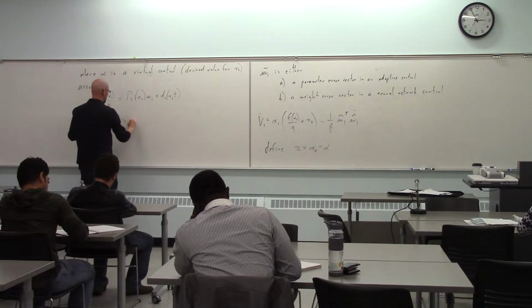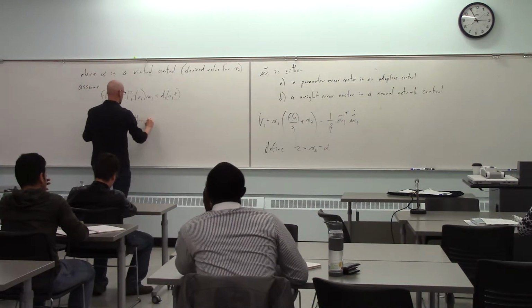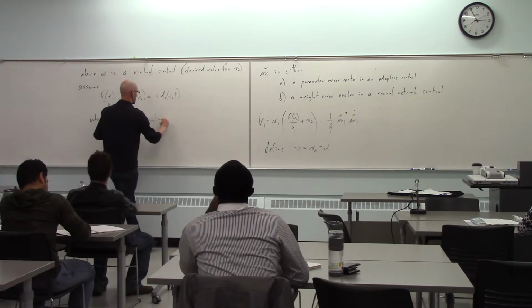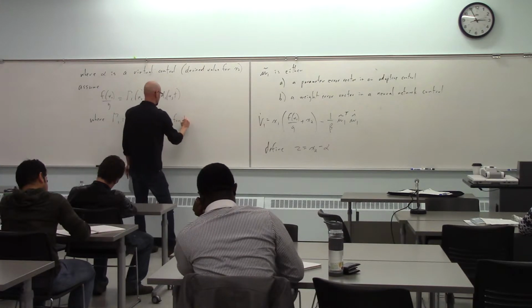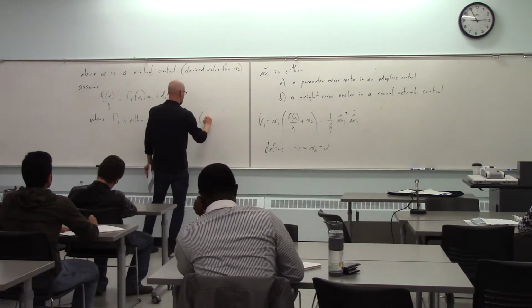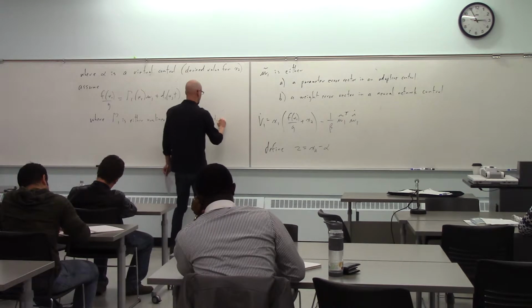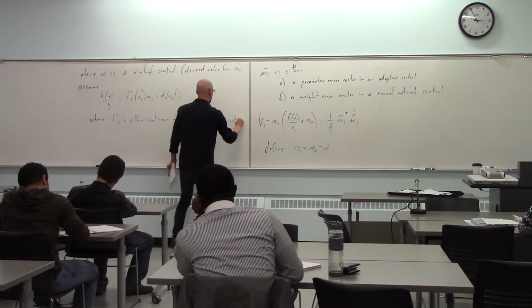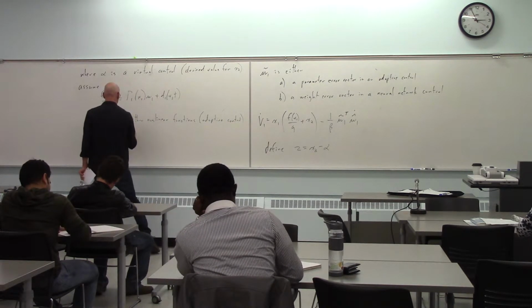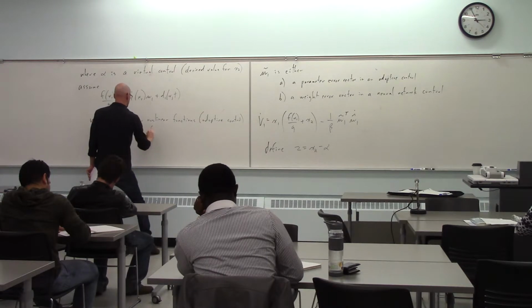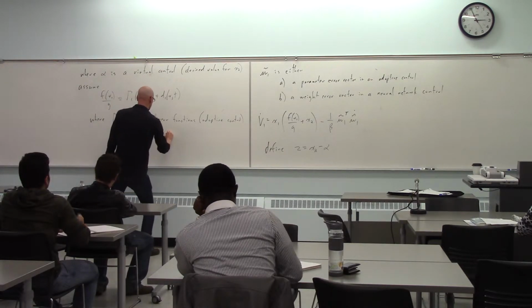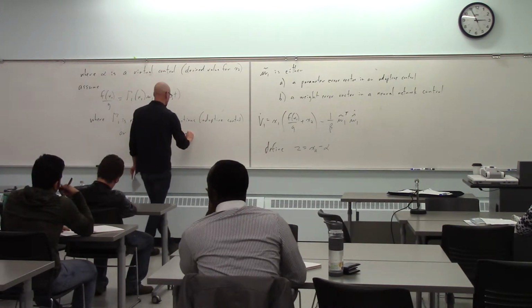Gamma 1 is either nonlinear functions in adaptive control, or basis functions in neural network control.